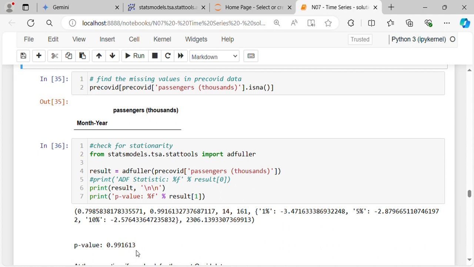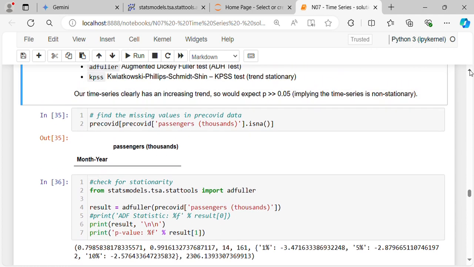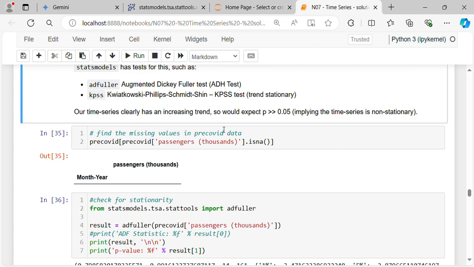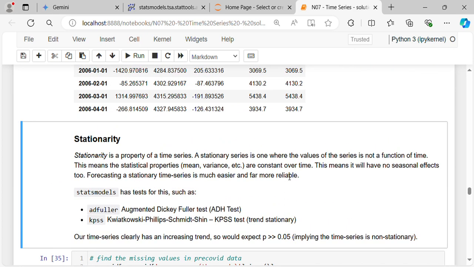So the p-value is 0.991613, and it is much greater than 0.05. So the time series for pre-COVID is non-stationary, and non-stationary means that the series is a function of time.